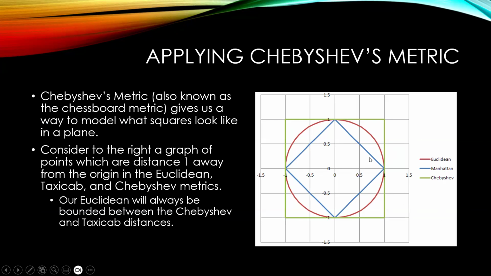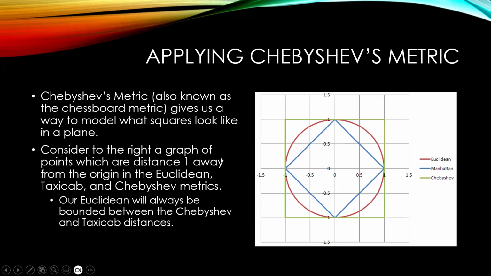So if we can figure out something for the taxicab distance, and we can figure out something for the Chebyshev distance, then we can be guaranteed that the Euclidean distance is going to be between the two of them. Chebyshev's metric, also known as the chessboard metric, and we'll see why in a minute, gives us a way to model what squares look like in a plane.